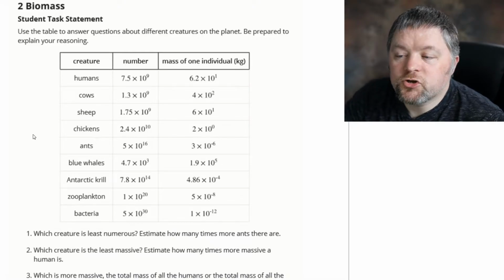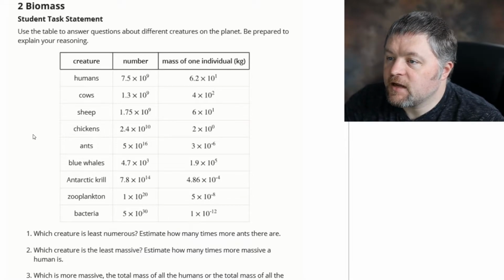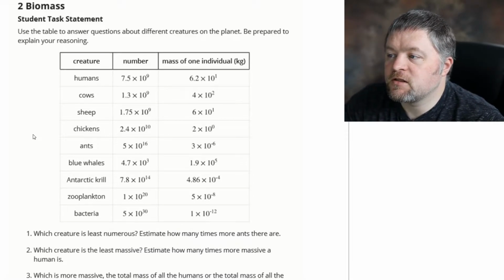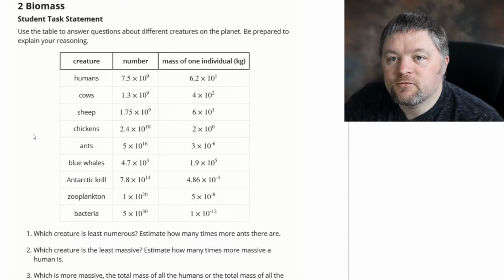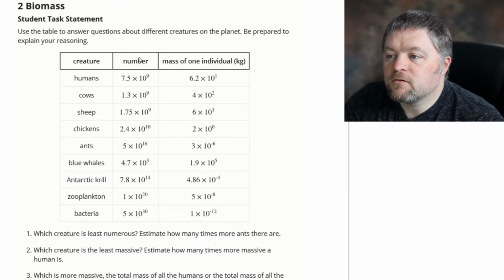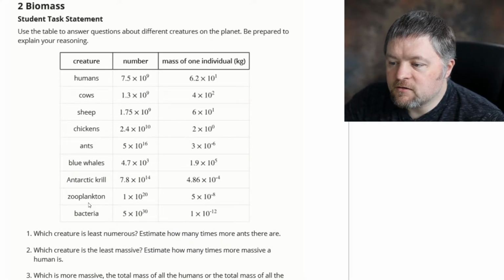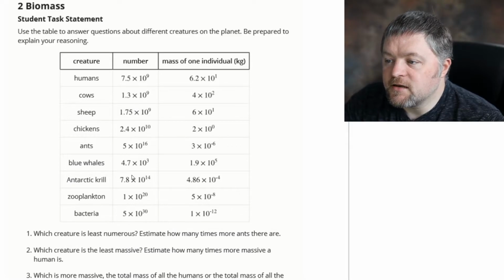Question number 2 involves looking at this table. Use the table to answer questions about different creatures on the planet. Be prepared to explain your reasoning. So, looking at this table, our first column is creatures: humans, cows, sheep, chickens, ants, blue whales, Antarctic krill, zooplankton, bacteria. Then the next column is the number.